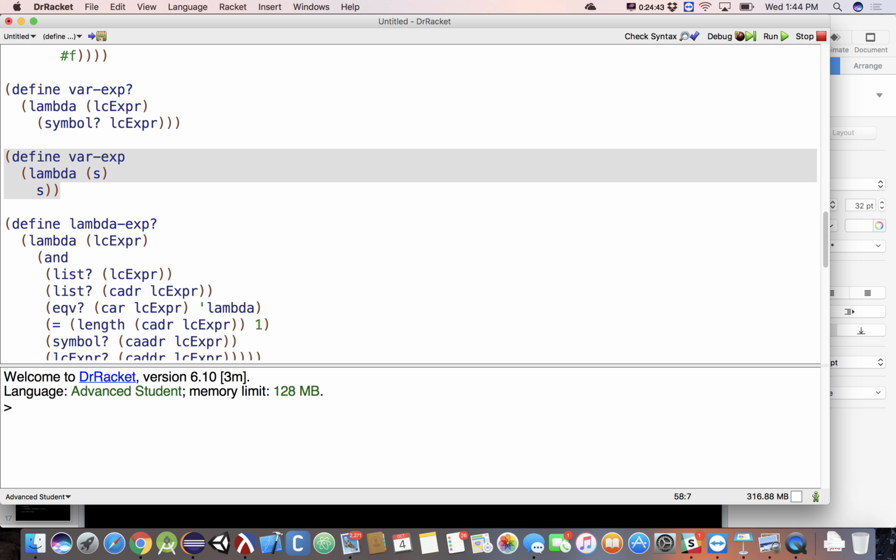If we went with more of an A-list definition of this guy, maybe we would return the list containing var expression followed by the symbol. Something like that. That's not the direction we're going right now, but we might do that. What would be the advantage of, instead of returning the symbol like that, us returning the list containing var exp and the symbol?